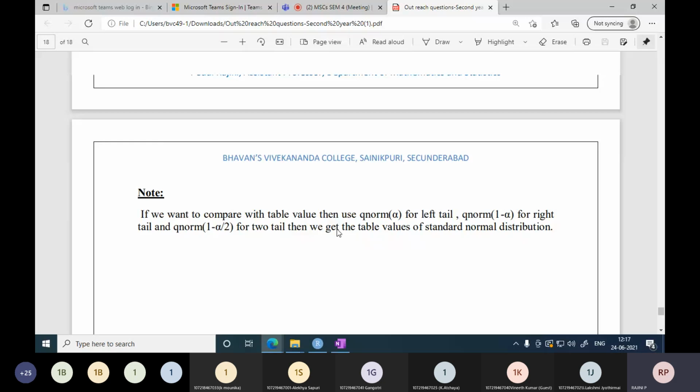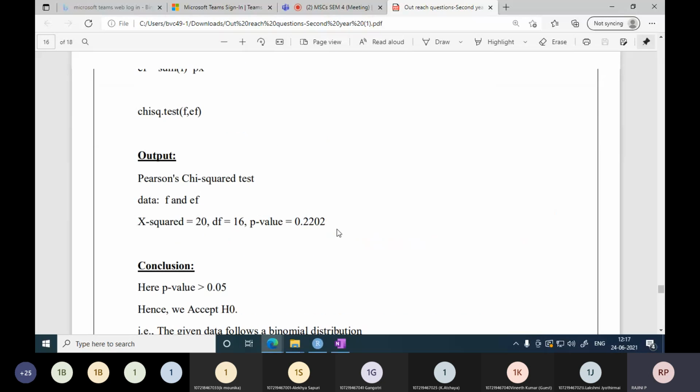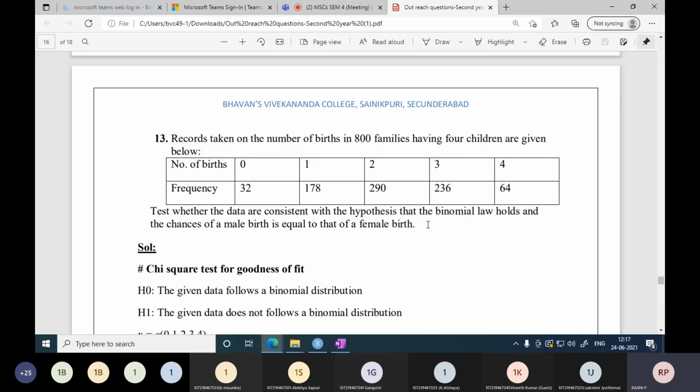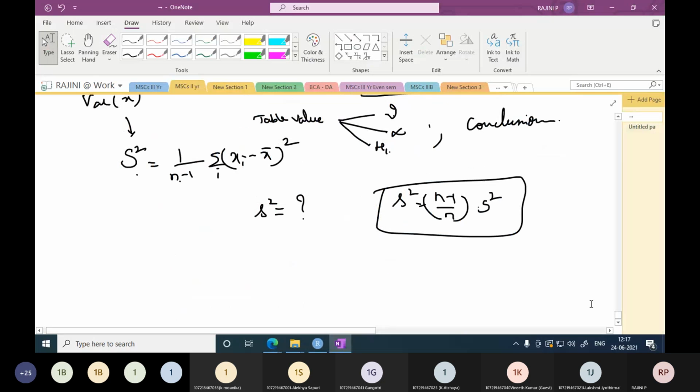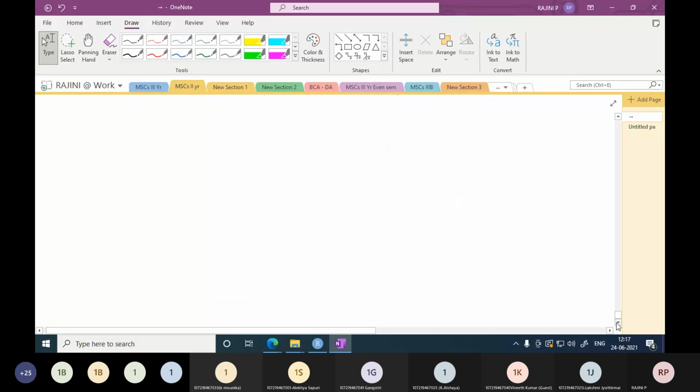Now, goodness of fit. So what is a chi-square test for goodness of fit? First, let me explain this. The data will be given to you, the raw data, and you don't know which distribution that data follows.